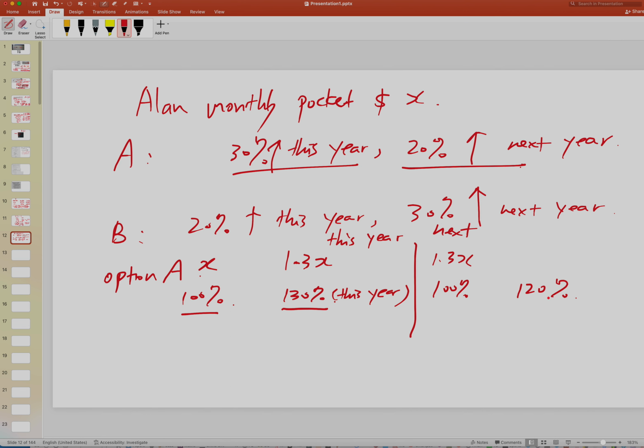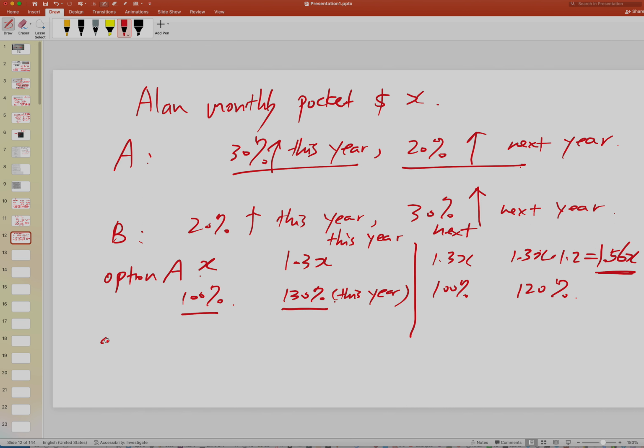Your 120% is what? 1.3 times 1.2. 1.56. So given option A, you end up with 1.56x dollars.